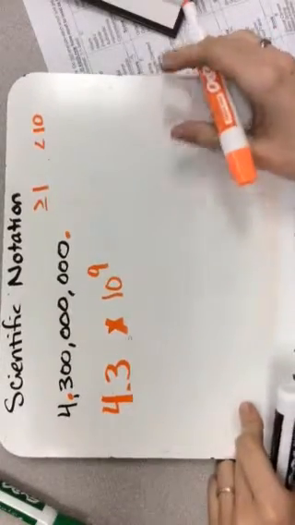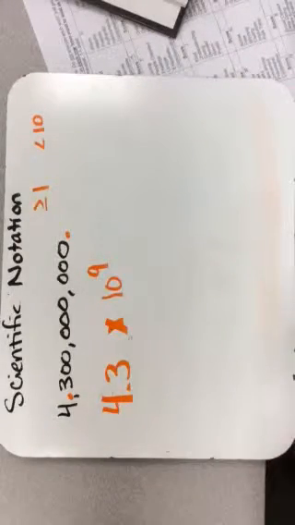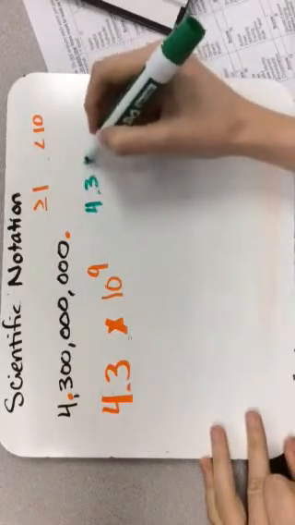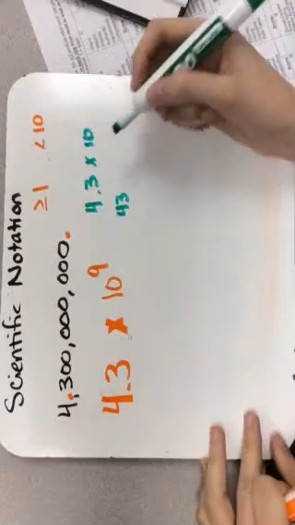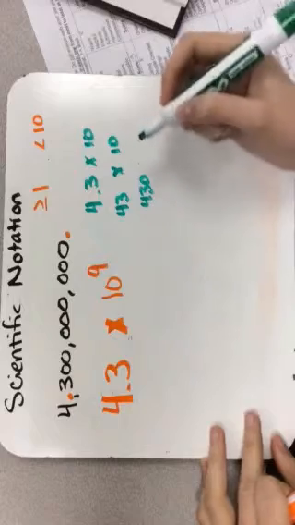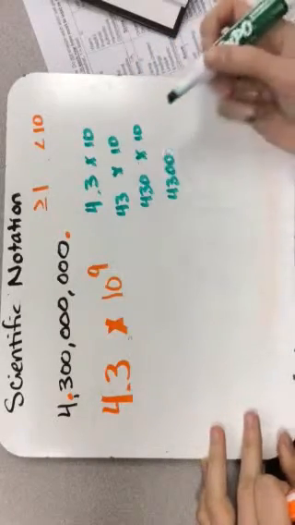Let's think about this conceptually for a second. If you take 4.3 and you multiply it by 10, you should get 43. If you take that and multiply by 10, you get 430. That multiplied by 10 is 4,300.